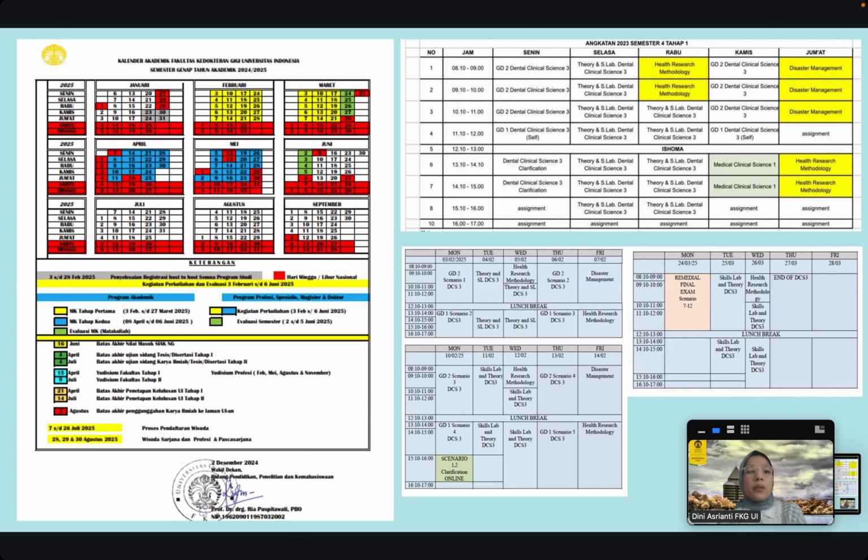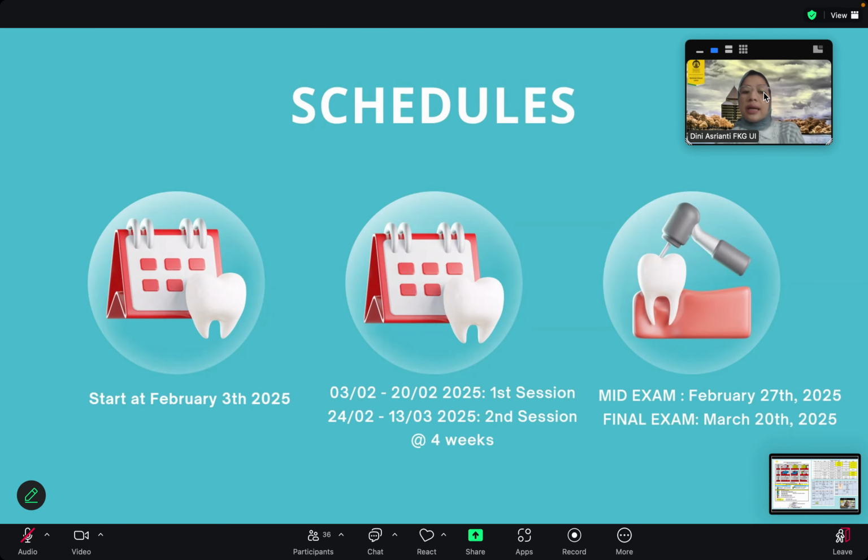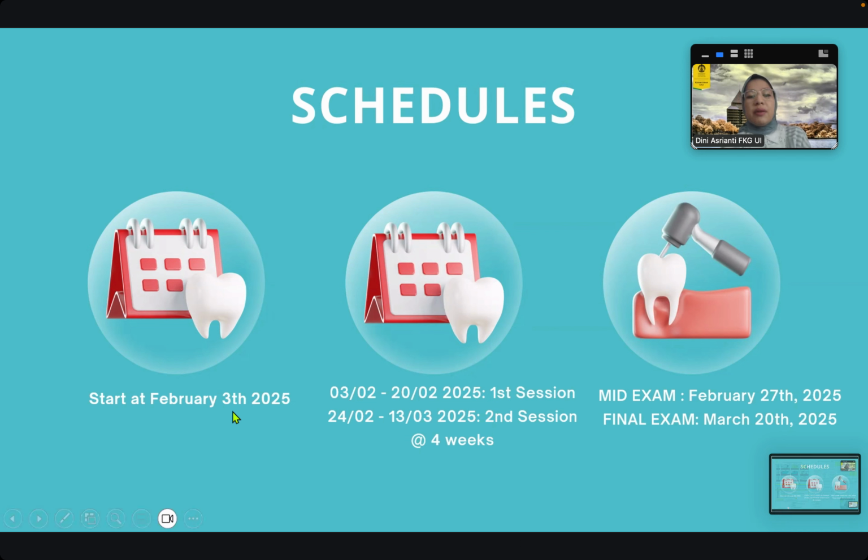And this is the brief schedule. We start on 3 February, and the first session will end by the third week, February 20. And then in the fourth week of February, we'll start the second session, hopefully until 13, or maybe if we extend, until 20 of March.